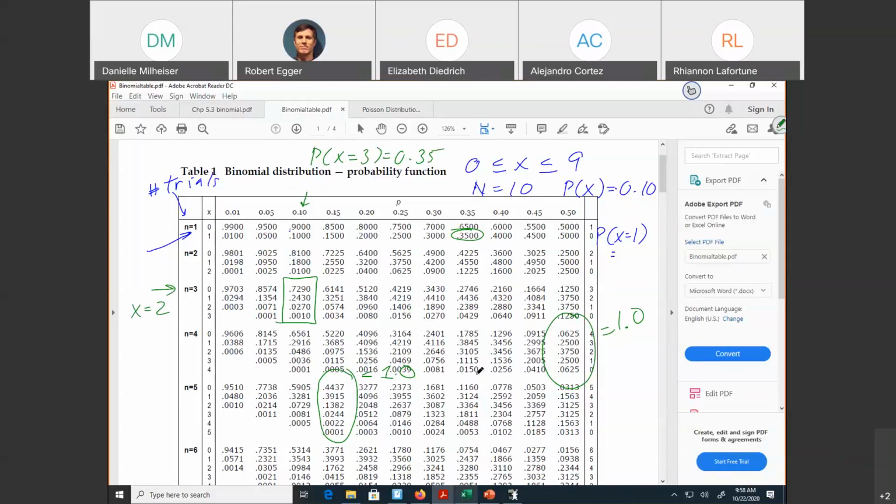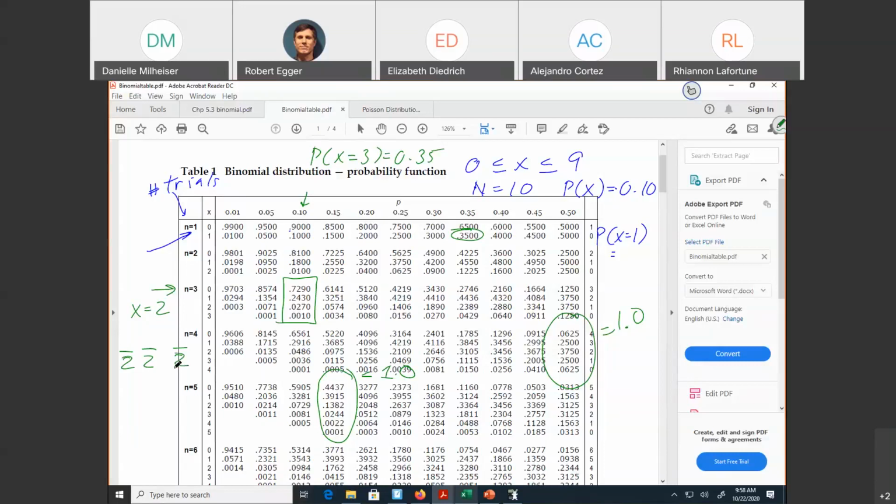What's the probability of having all 3 of them come up as 2s? I'm looking for 2s. What's the probability of the random generator giving me 3 2s?